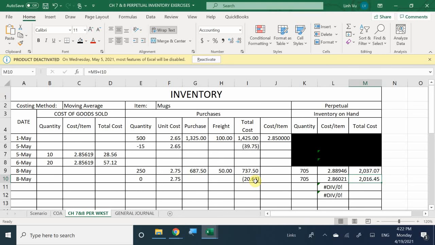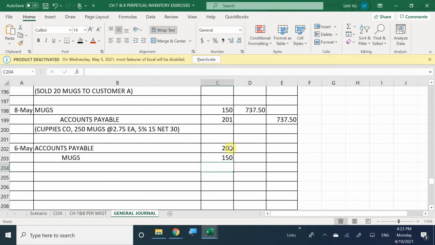And once again, now my inventory average cost per item has dropped by 2 cents because I have less cost to spread, but I still have the same quantity. But now that I solved that, I know for a fact that I should have a refund for $20.63. So I need to go back to my journal and plug in my numbers, because I know I need to get $20.63 back.